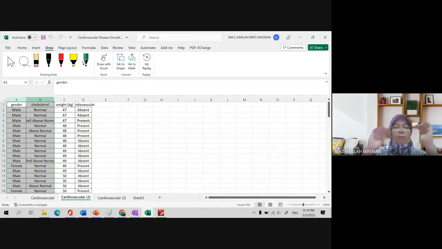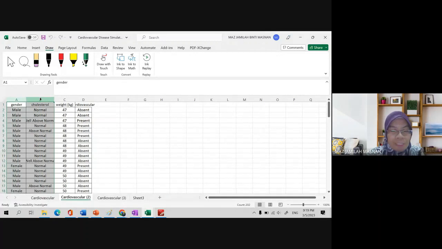So you are going to show that for those who got normal cholesterol, we see how many of them are male and how many are female. The same goes for above normal as well as well above normal. So we want to see, are males or females the ones with higher cholesterol in the three groups: normal cholesterol, above normal cholesterol, and well above normal cholesterol.